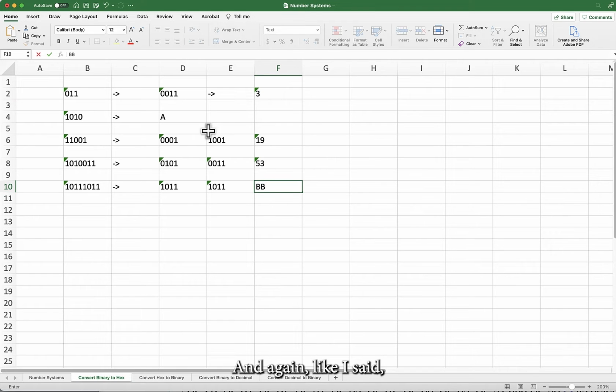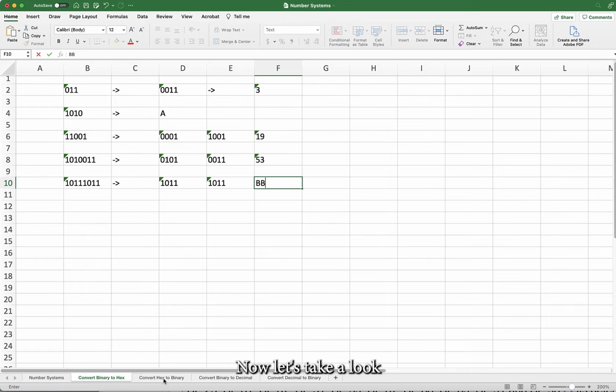And again, like I said, it's perfectly okay to use the first sheet from this Excel spreadsheet until over time it just becomes natural, and you'll be able to look at 4 bits and immediately convert to hex or to decimal.